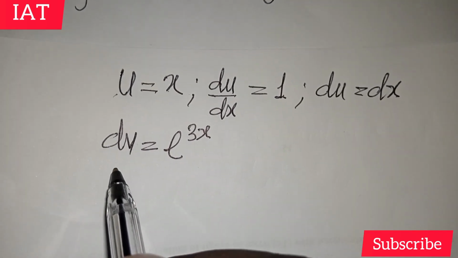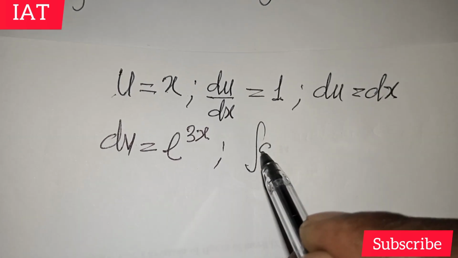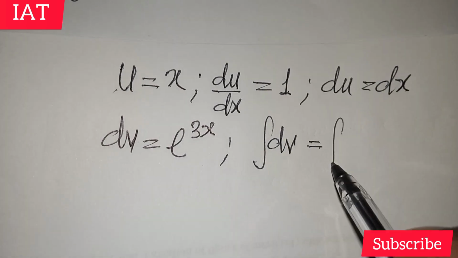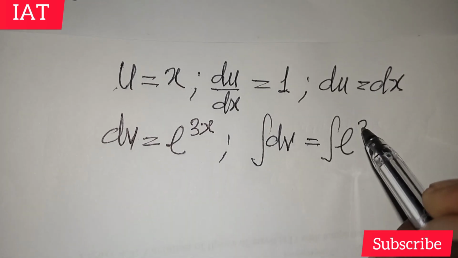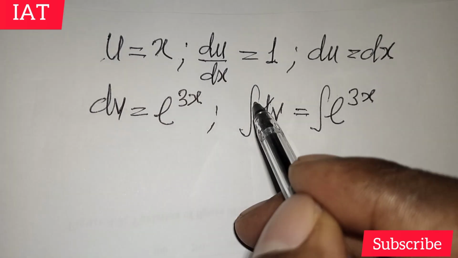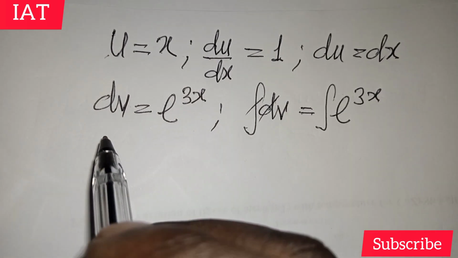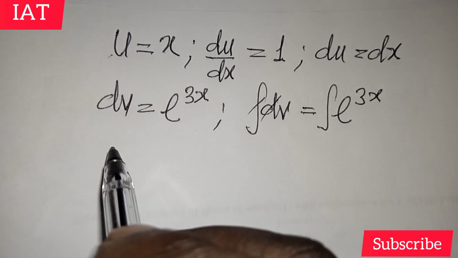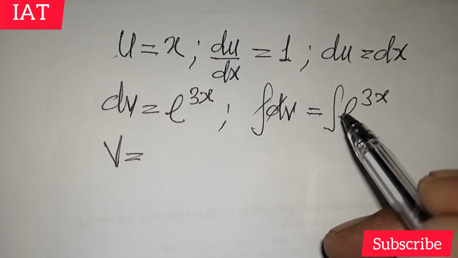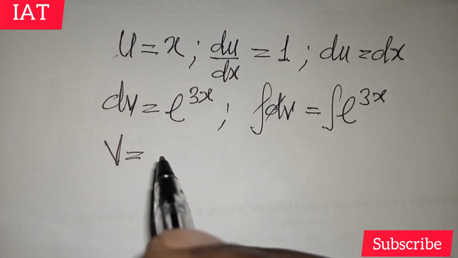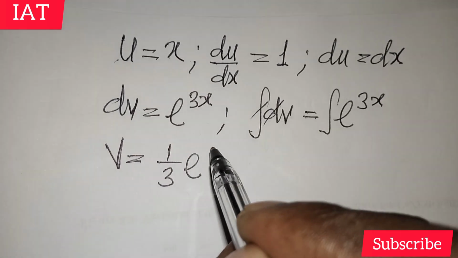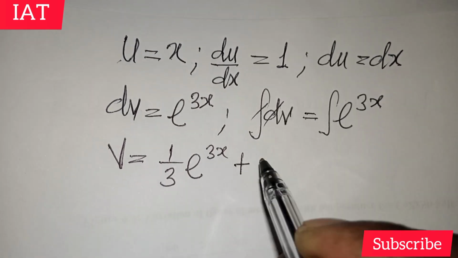So now I'm going to take the integral of dv with respect to the integral of exponential 3x. And if I integrate this, of course, you know that the derivative will cancel the integral sign, then you have v equal to, if I take the integral of this using that same chain rule which I've done earlier, 1 over 3 exponential 3x plus c.